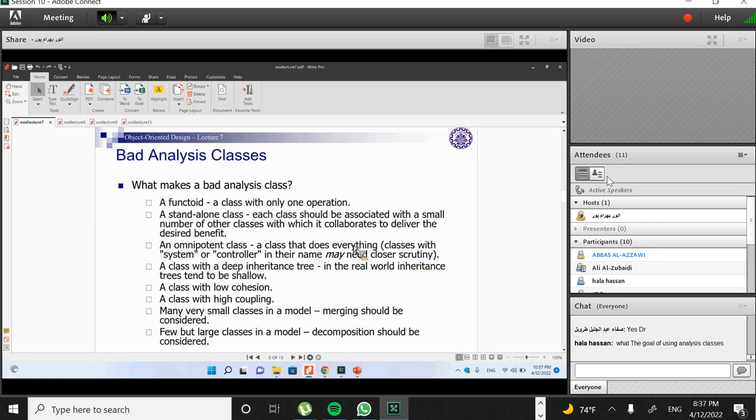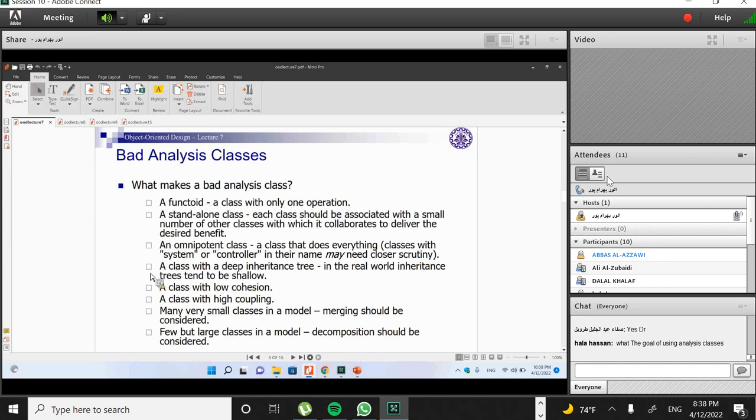It's not an object-oriented design. Also, classes with a deep inheritance tree are bad classes.